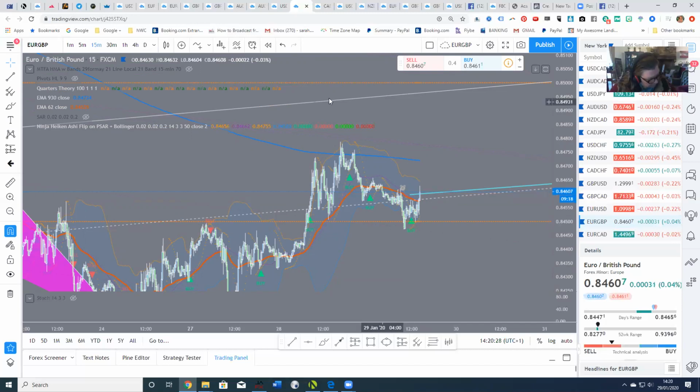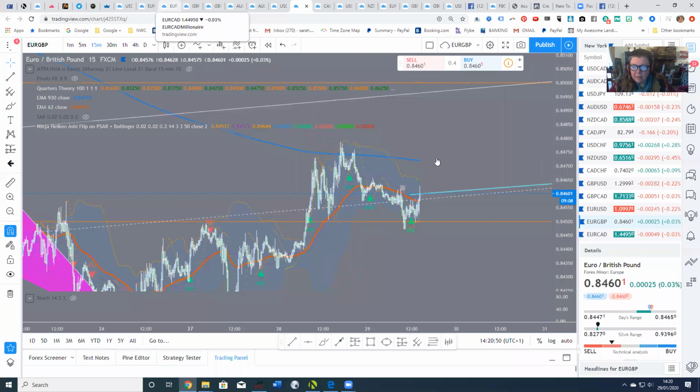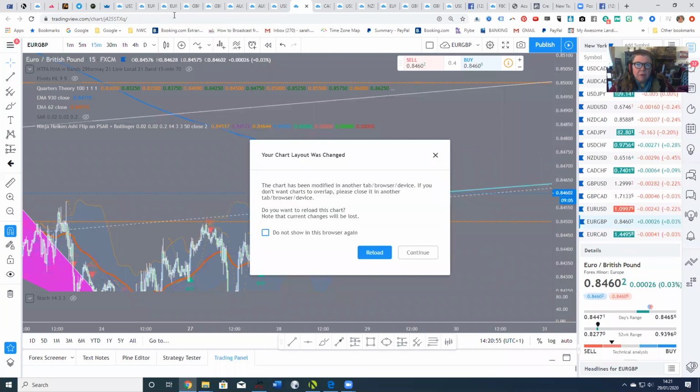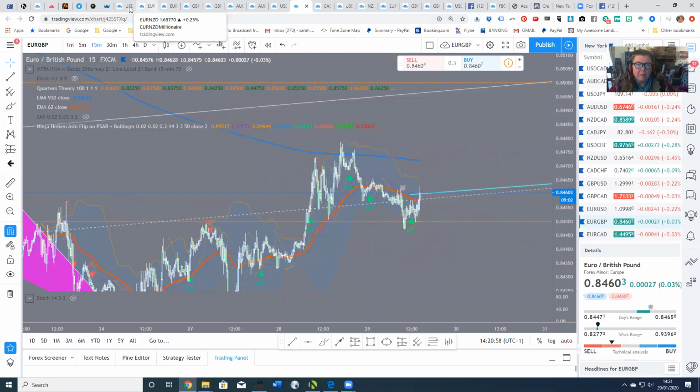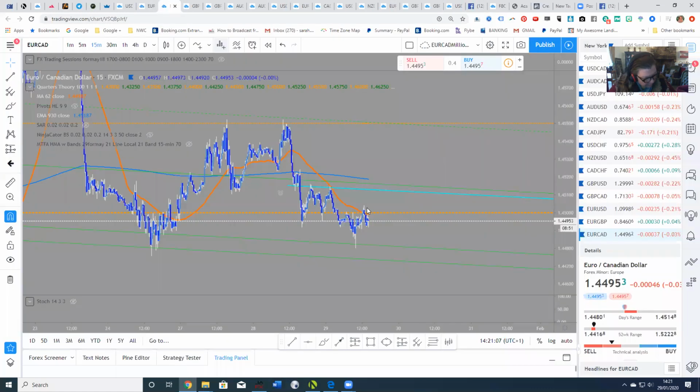Let's move on, the next one is Euro CAD. I'll keep that one open. I haven't put on the rest of the, oh, got Euro CAD open twice. Didn't think I had. Maybe from earlier. Okay, so Euro CAD, I've got it rejecting off quarter theory for a sell.